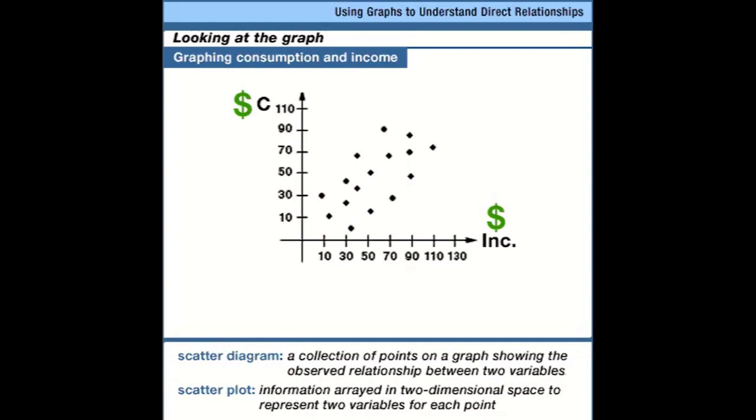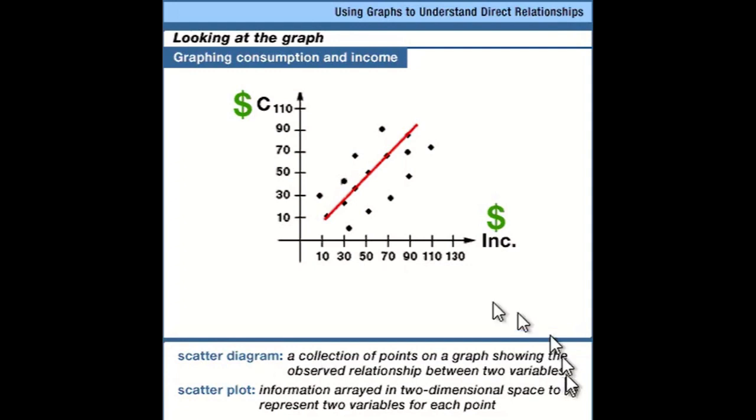If I wanted to notice the general relationship, I could fit a line to these points that would look something like this. And this line represents the general relationship between consumption and income. That is, in general, for the points in this data set, as income increases, consumption spending increases.